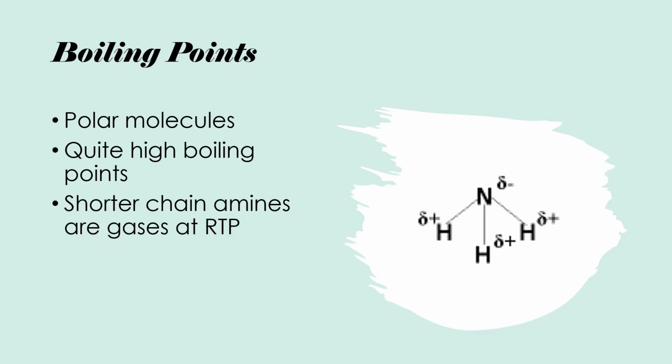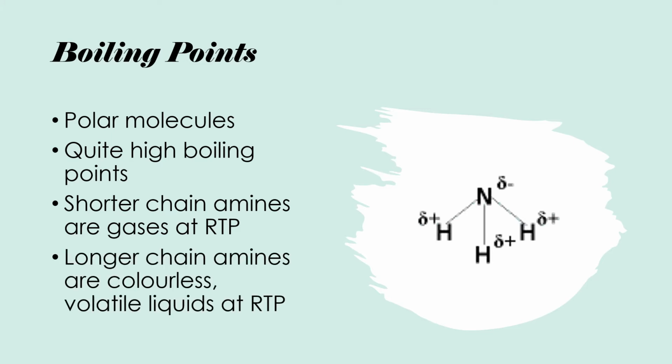We also then have to realize that shorter chain amines are gases at room temperature and pressure. That's what RTP stands for. So the shorter chain amines have got quite low boiling points to be gases, and then your longer chain amines are colorless, volatile liquids at room temperature and pressure. Those are the main points you need to know about boiling points.